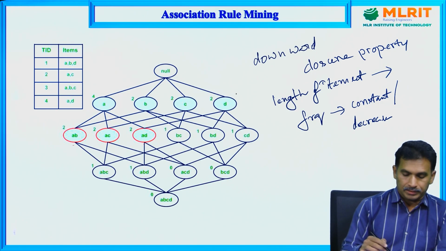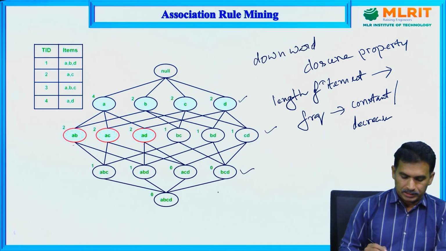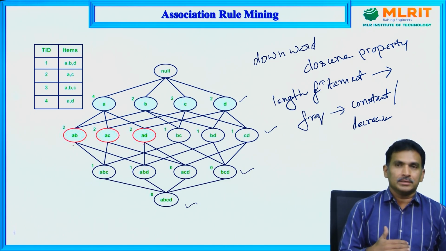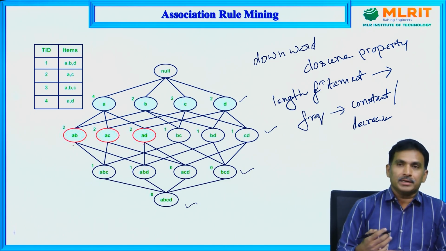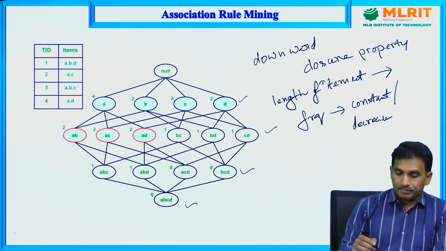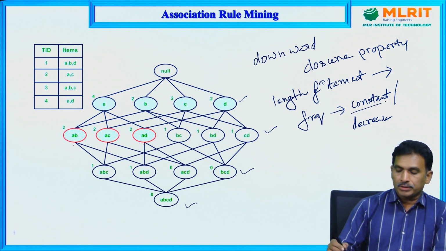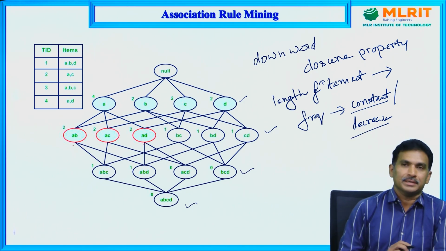Suppose here, this is a one item set, and these are the two item sets, three item sets and four item sets. That means the length of the item set increases. When the length increases, the frequency of that particular item set will remain constant or decrease.